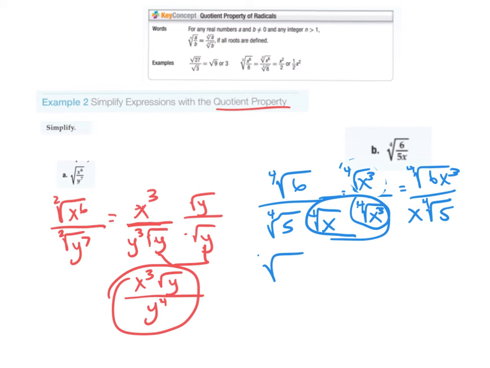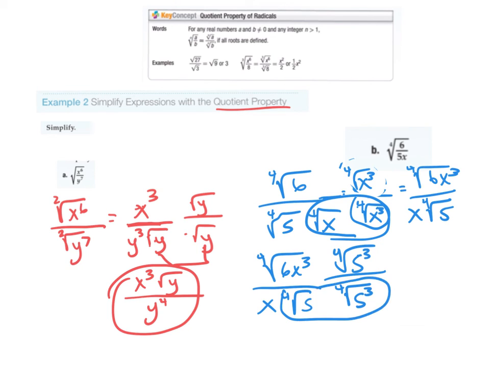So now I have the numerator still what it is, but in the denominator I have to get rid of the 4th root of 5. So I'm going to multiply by the 4th root of 5, and I need 3 more of them to get rid of the radical signs. So I have to do the same thing in the numerator. So this part right here becomes 5, and so 5x is my denominator, which means we've gotten rid of the radical now.